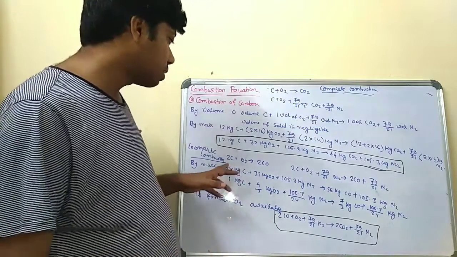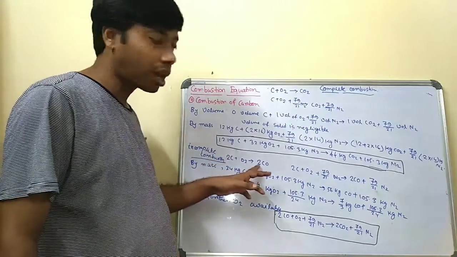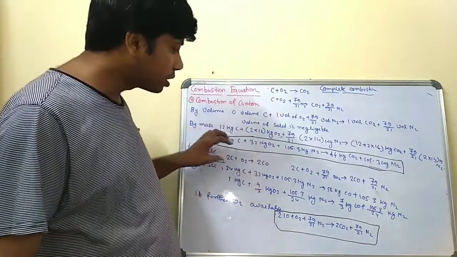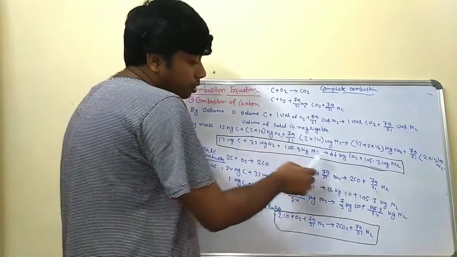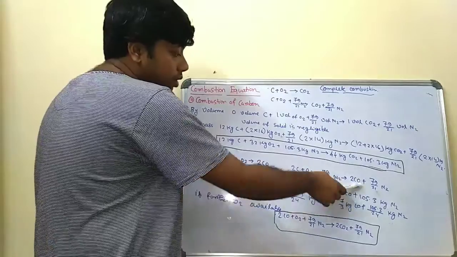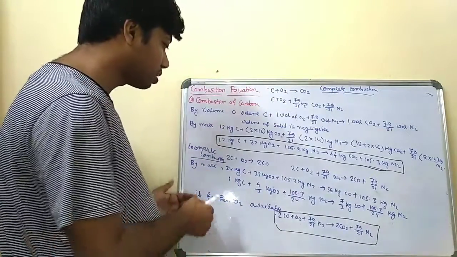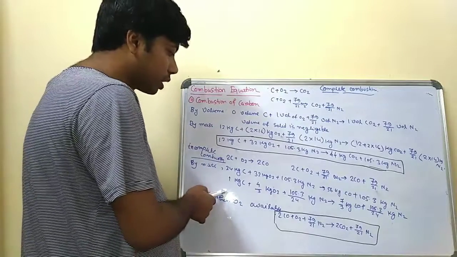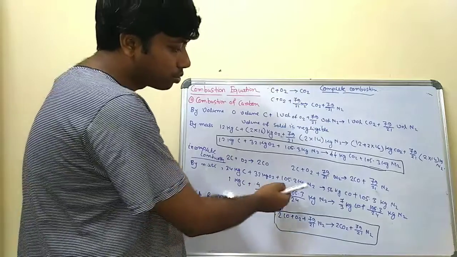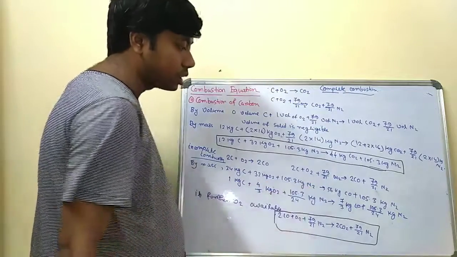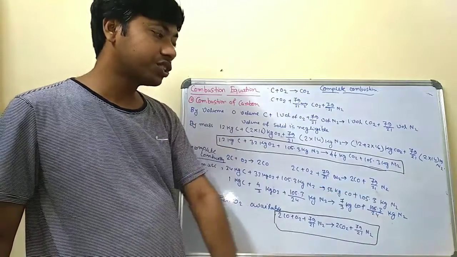So here 2C plus O2, first it forms carbon monoxide. When you include nitrogen, the equation becomes this one. On a mass basis, 1 kg of C plus 4/3 kg of O2 plus 105.3 by 24 kg of nitrogen equals 7 by 3 kg of CO plus 105.3 by 24 kg of nitrogen.